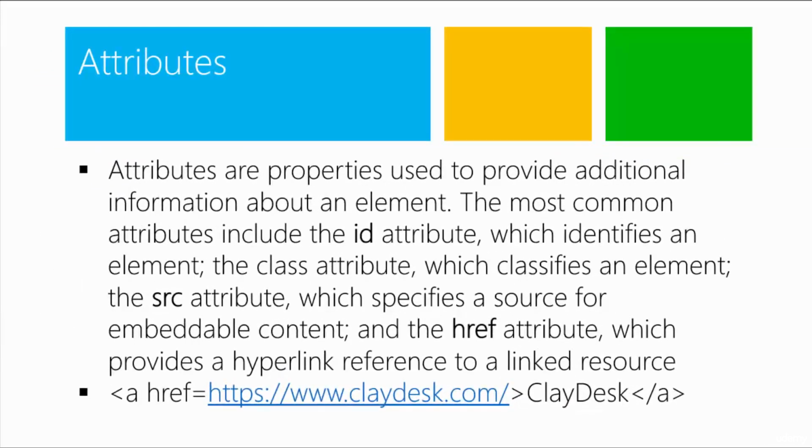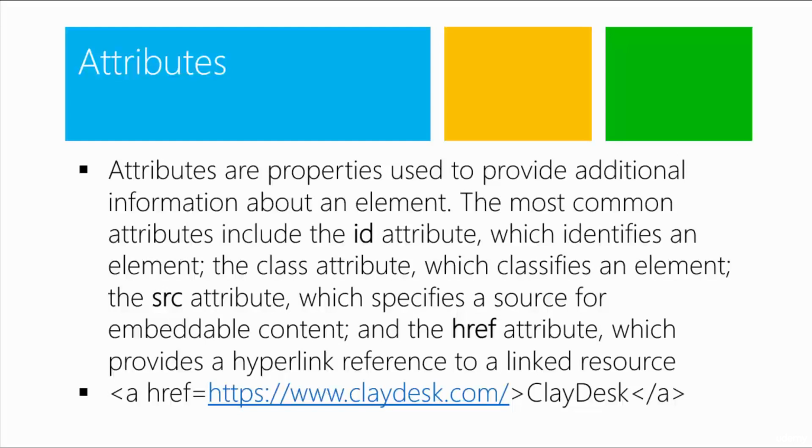And then the third concept is attributes. Attributes are properties used to provide additional information about an element. So for instance, the most common attributes include the ID attribute, which simply identifies an element, the class attribute, which classifies an element, or the src attribute, which specifies a source for embeddable content, such as when we insert images onto our web page, the HTML used will contain the src attribute.